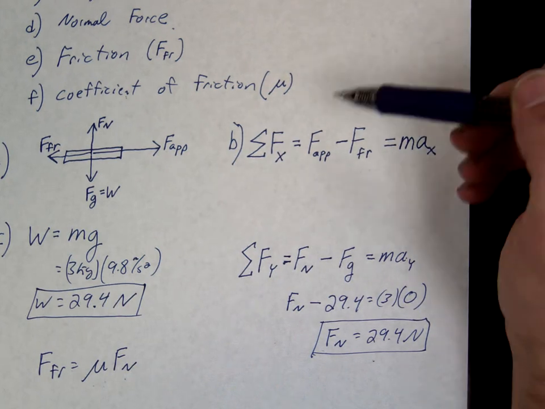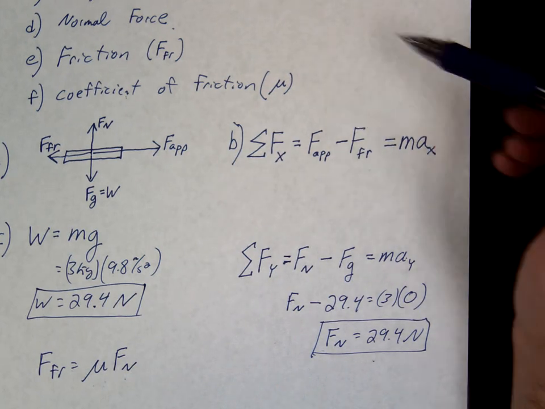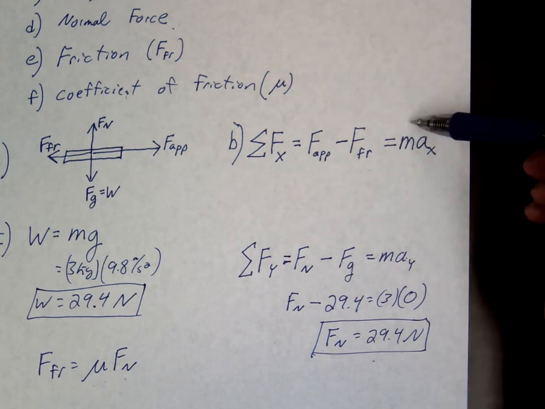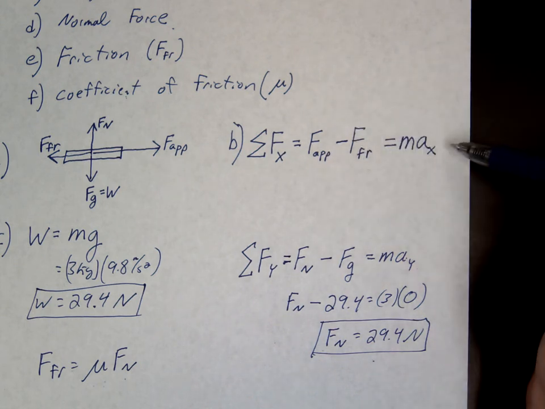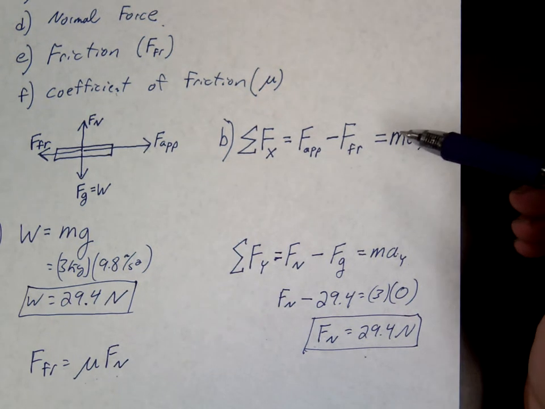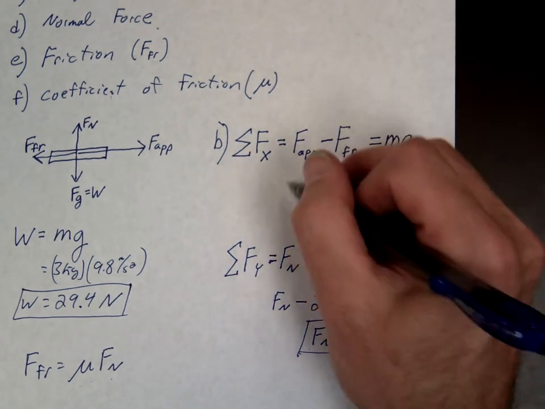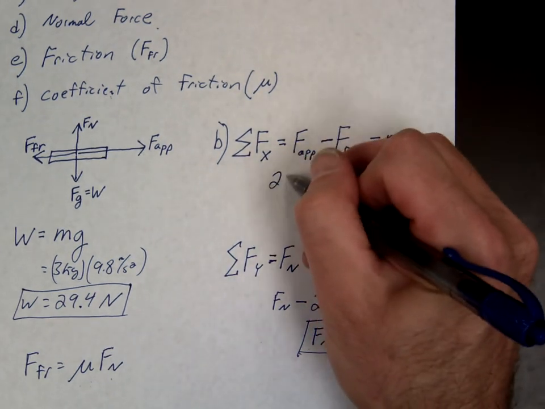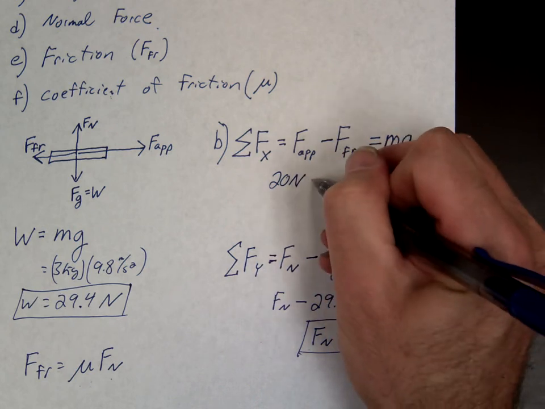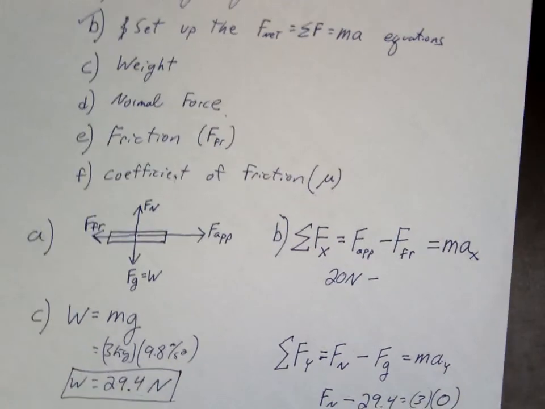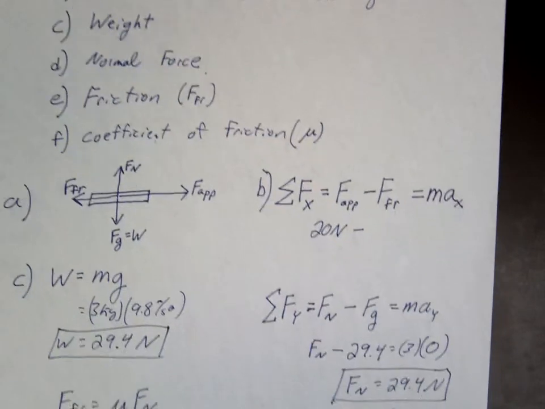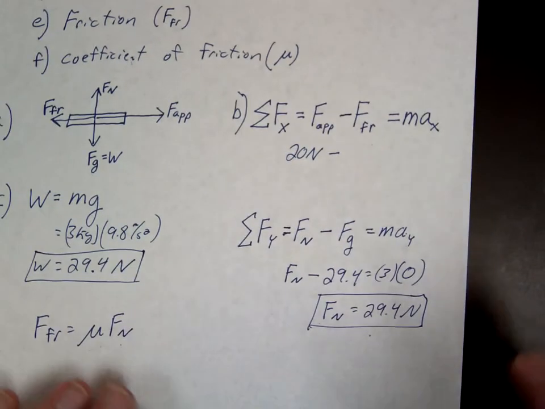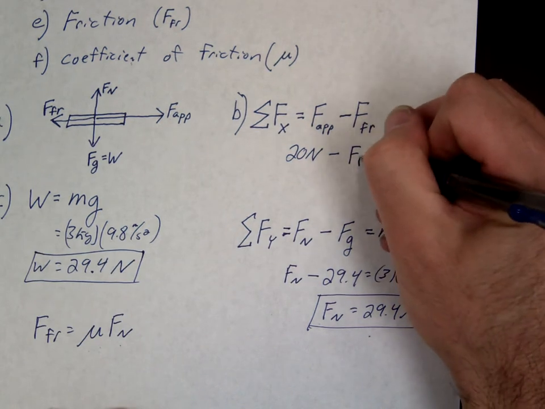Were you given the applied force? Were you given the mass? And were you given the acceleration? Yeah. So you have everything that you need to find friction here. So let's do that. Applied force was 20, and then we're looking for friction.